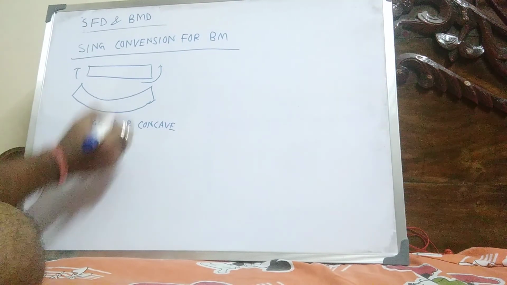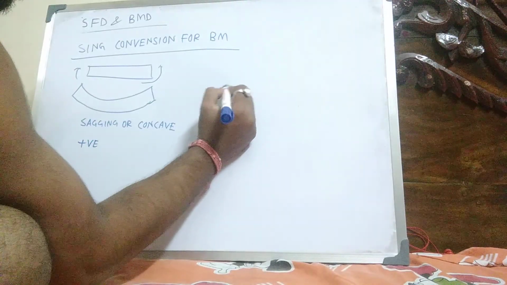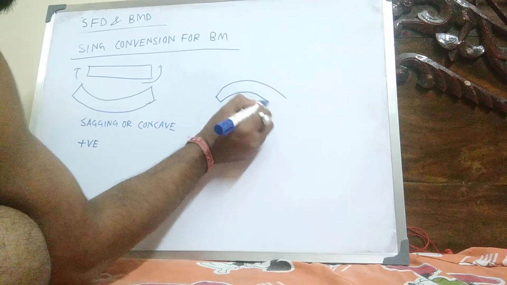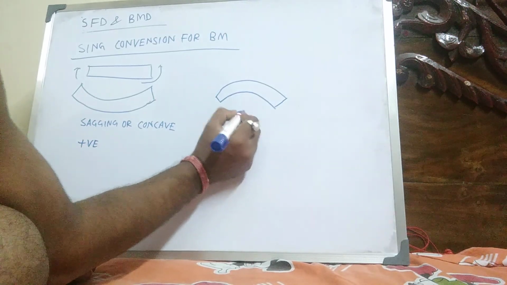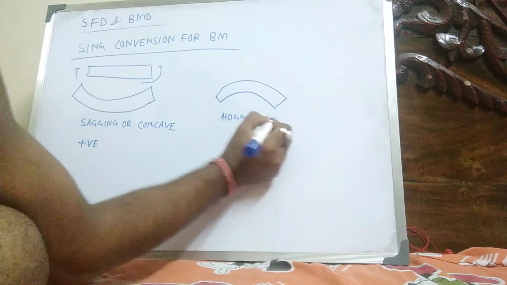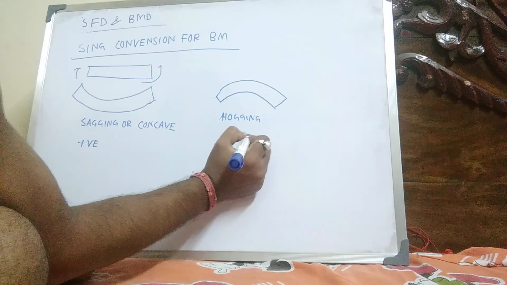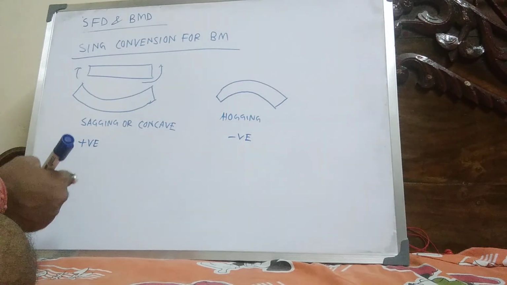The sign of bending moment for hogging is negative.